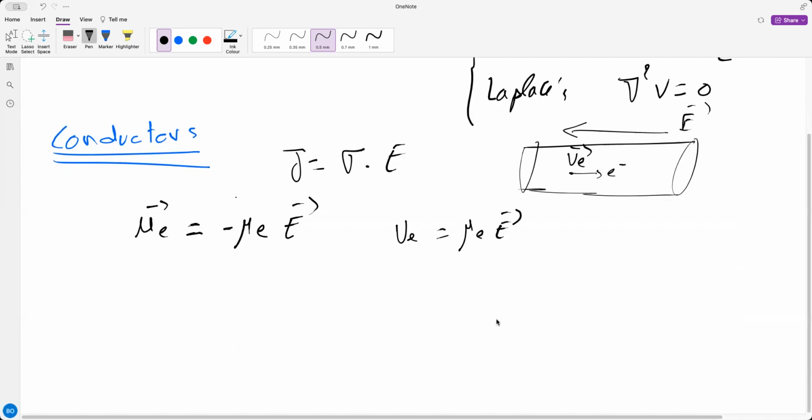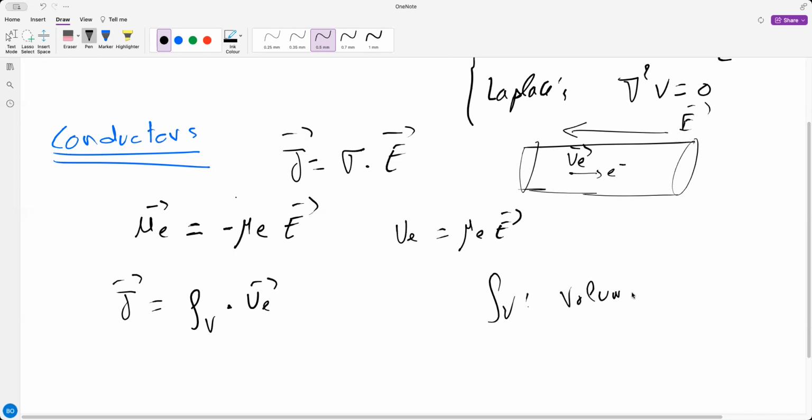We also derived the fact that the current density is equal to the volume charge density times the drift velocity.